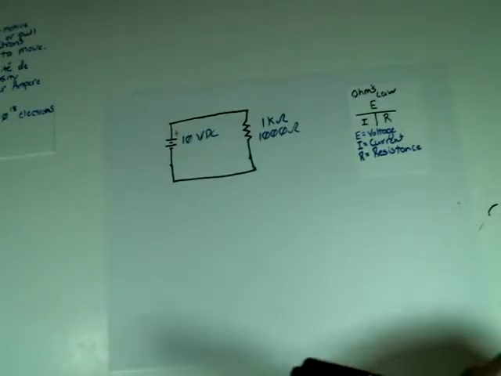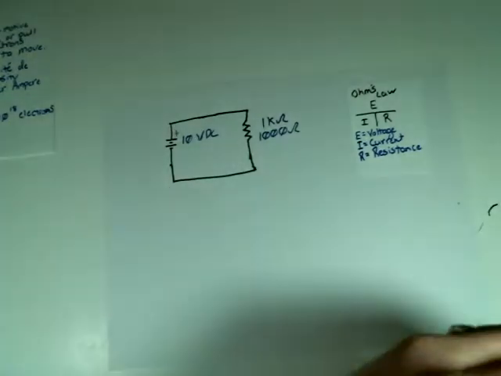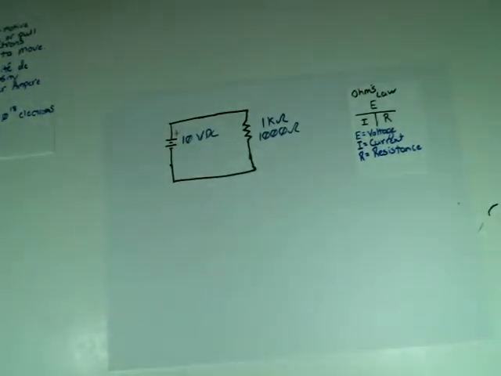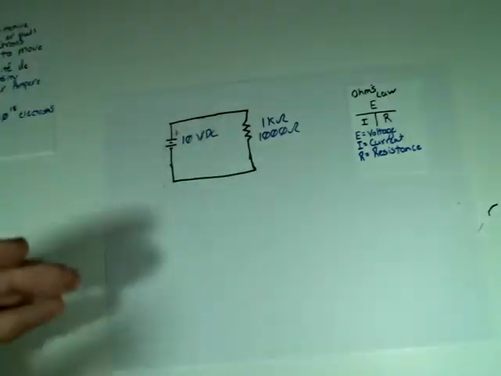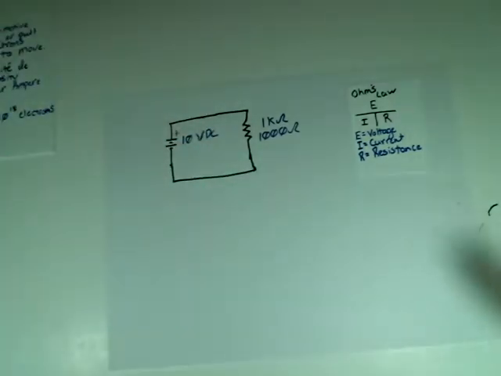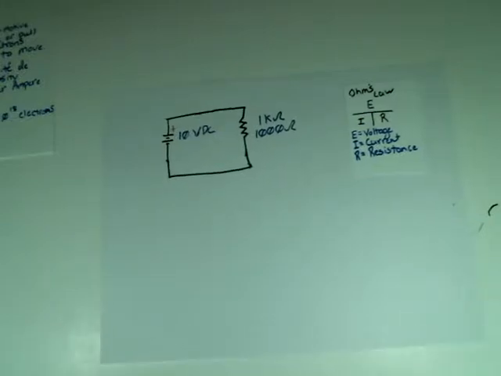E equals voltage. E stands for electromotive force. It's a French thing. I stands for current. It's also a French thing. It's intensité de courant, or intensity of the current. So I stands for intensity. And R is simple enough, resistance.